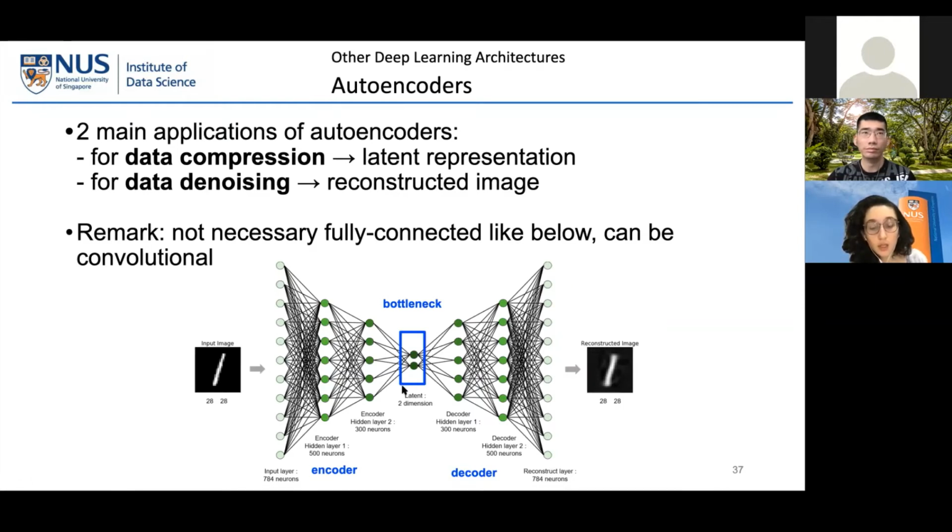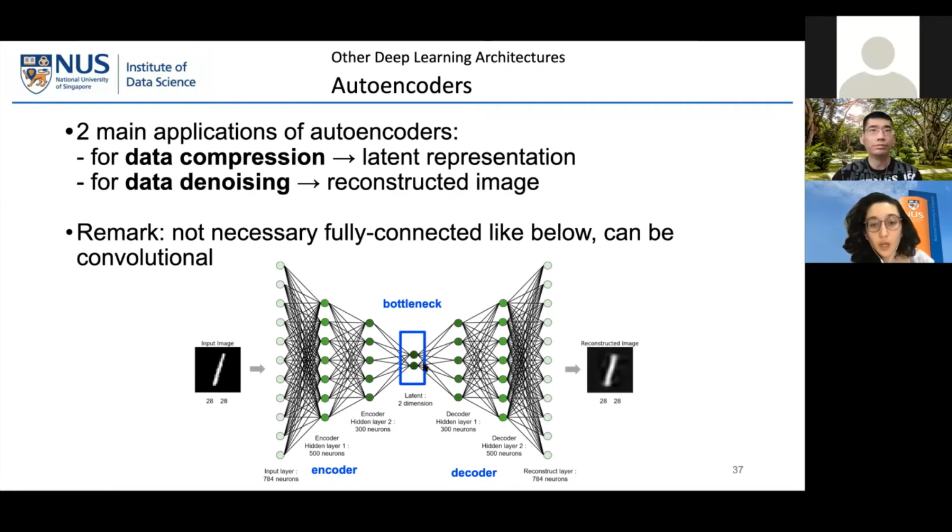And what is interesting about autoencoders is that at some point it needs to reduce the information present in the input image, which means that if your image is quite noisy, in order to reconstruct it well, it will need to remove all the noise. So then you can use this trained architecture to denoise your new input images.